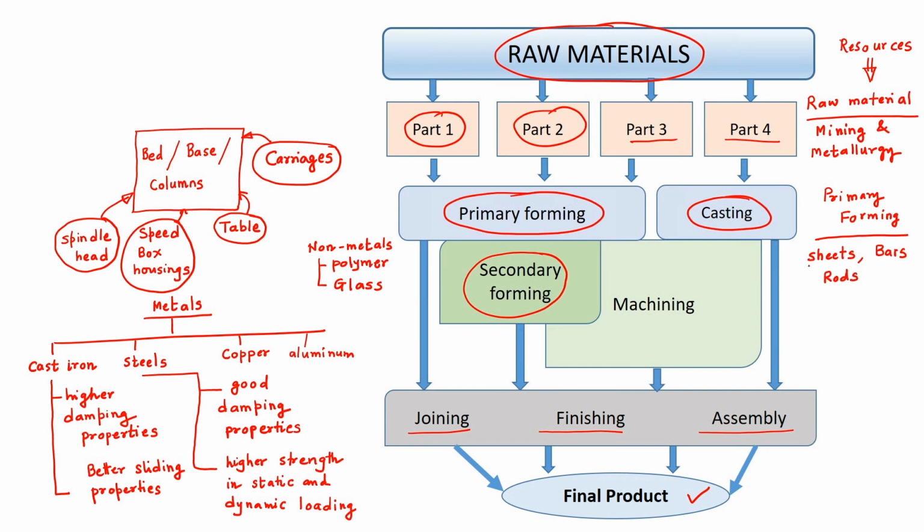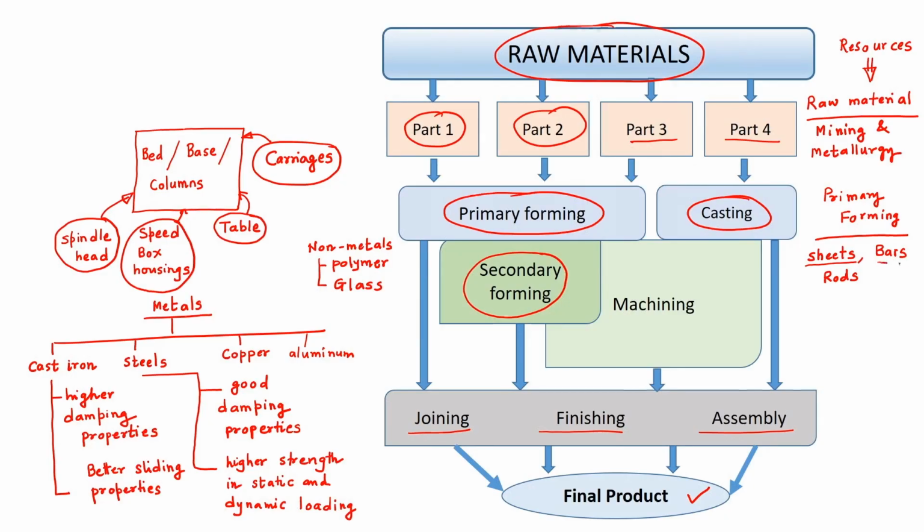If it is fine with you to use the sheets as it is for making the final product, for making the housing, it is fine. But we need to carry out certain operations on the sheets. For example, we need to have some holes, some notches on the sheet. So, for that purpose we have to carry out another operation on that, and that punching operation, the notching operation is nothing but the secondary forming operation.